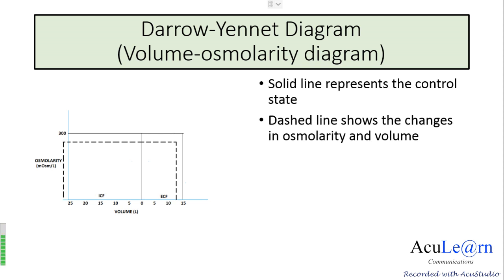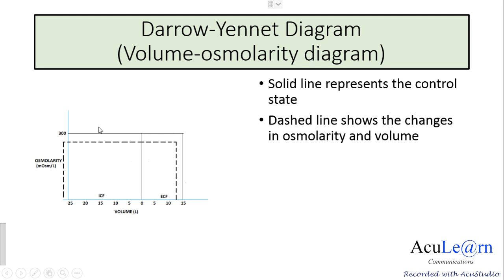So to understand how the body osmolarity and volume in the ECF and the ICF change in clinically relevant situations, we draw the diagram. The x-axis denotes the volume of the ICF and the ECF, and we know ICF is two-thirds of the total body water and ECF is one-third. And the y-axis denotes the solute concentration or the osmolarity.